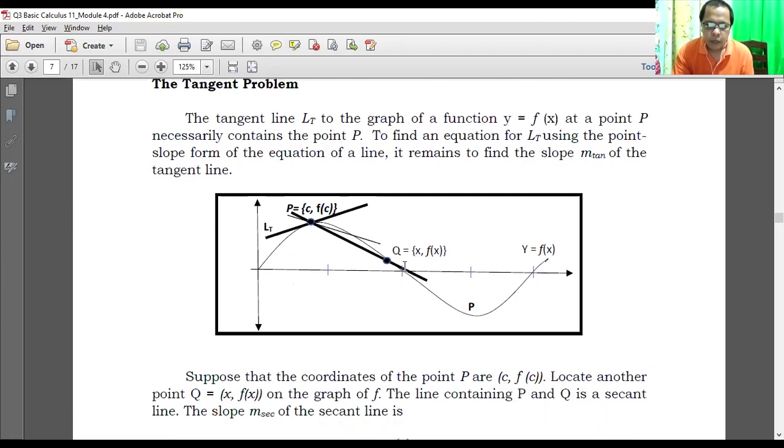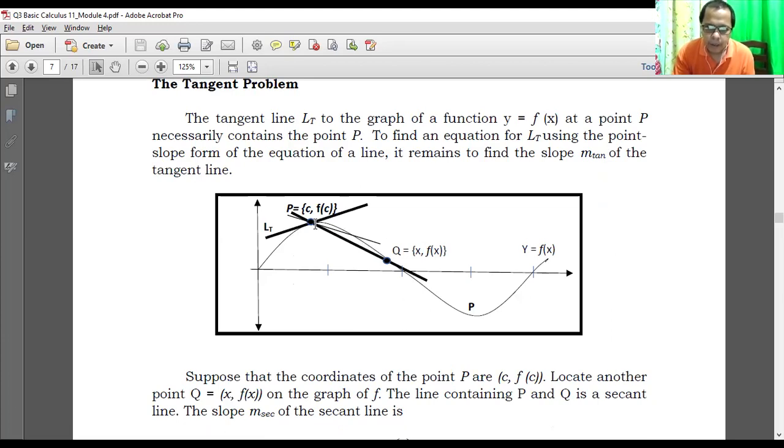Okay. Now if this point Q is approaching to P, assuming nga mag-approach siya sa P, using this curve nga y function of x, unsay mahitabo?